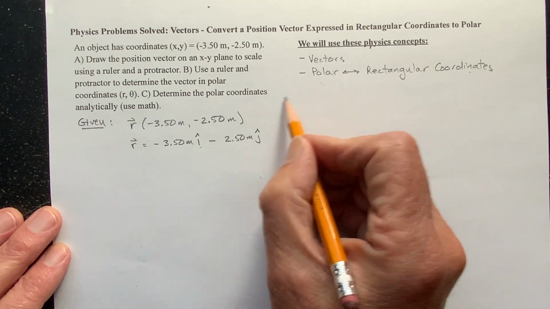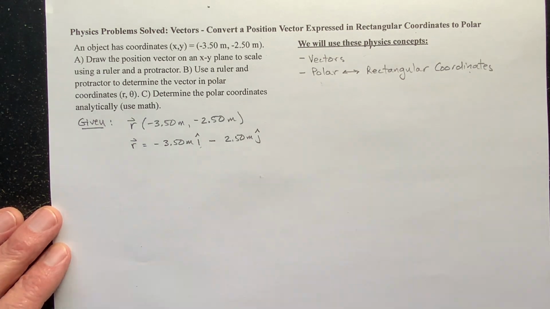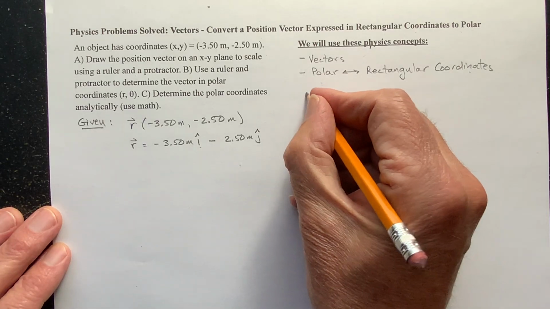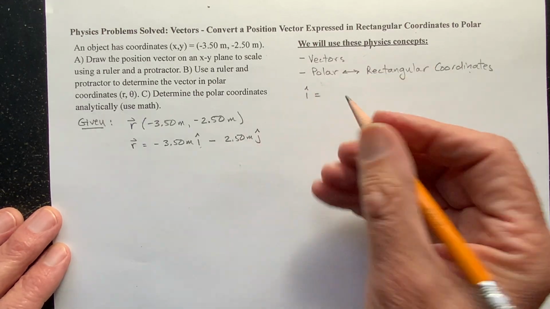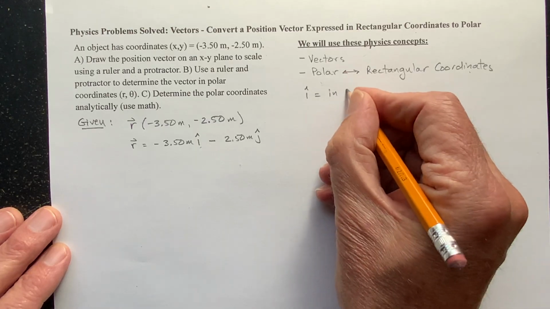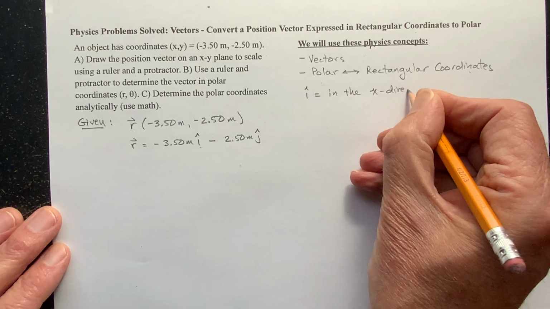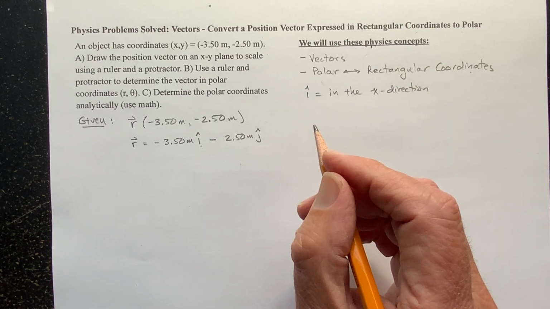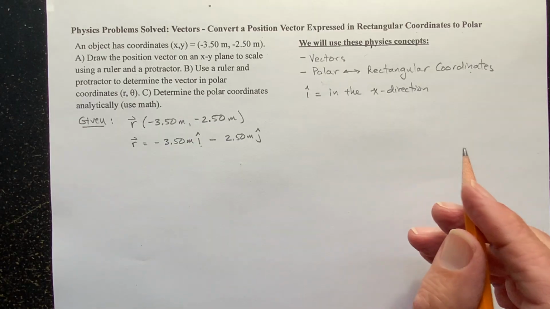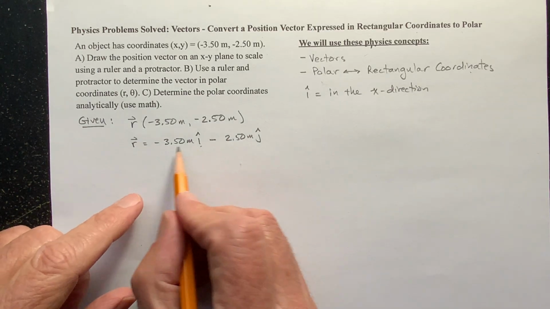And I should have included that in my list of concepts. These are called unit vectors, and let me just define them here. If you see this little i hat, it simply means in the x direction. That's all it means. It has no units associated with it. It's dimensionless. It has a magnitude of 1 because we're multiplying it by that.